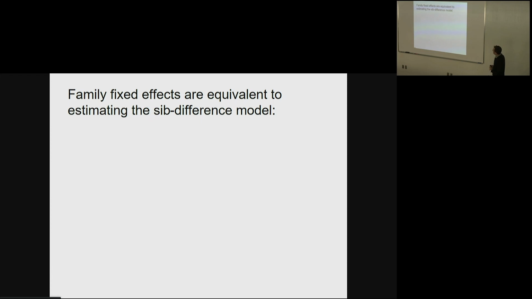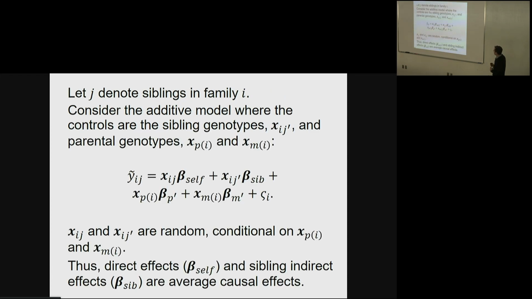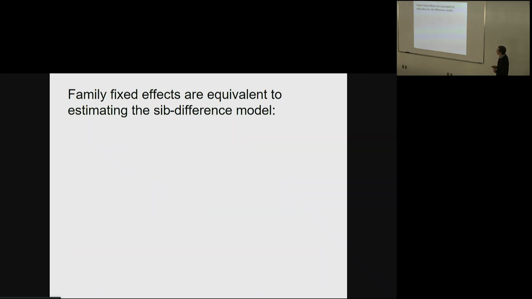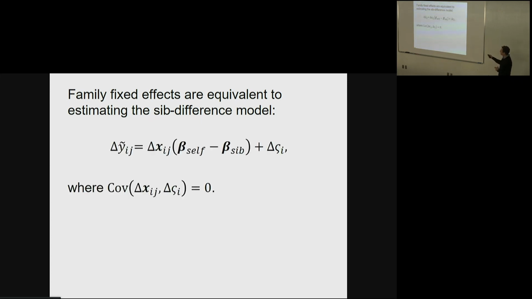Family fixed effects. What I want to do now is think about my claim from before that when you think about the sibling difference approach, you have a confound with the sibling indirect effects. Let me make that argument formally. When you include family fixed effects, that's equivalent to estimating the sibling difference model, so that's this model here.